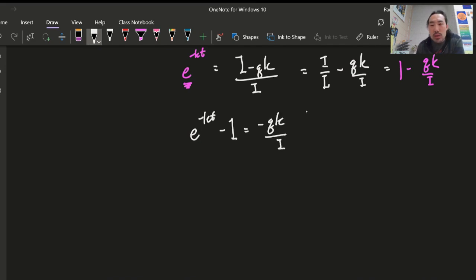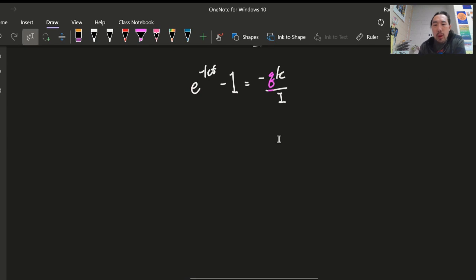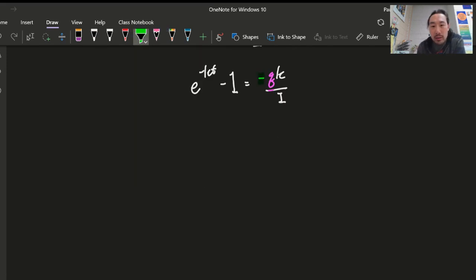And once again, we're trying to solve this in terms of our variable q. So that's what we're looking for, the q final, or how much q can exist at any moment of time. And so we want to rearrange this algebraically so that we get q is equal to. So what I'm going to do is multiply both sides by this negative k over I, and I'll highlight that here in green.